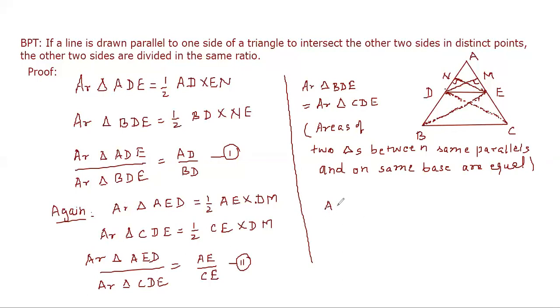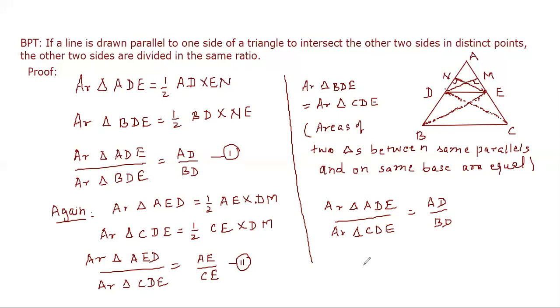So we can write area of triangle ADE divided by, in place of BDE, we can write area of triangle CDE, equal to AD upon BD, and this equation is already the area of triangle AED divided by area of triangle CDE equal to AE upon CE.